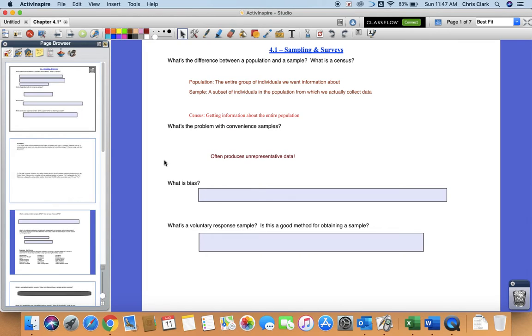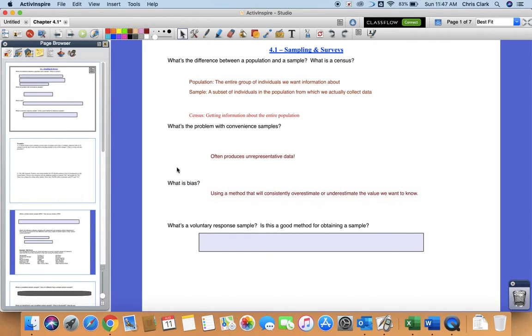Okay, and this tends to lead to a sample that is biased. A bias is when you use a method of obtaining a sample that will consistently overestimate or underestimate the value we want to know. So normally the values are too high or too low on a consistent basis.